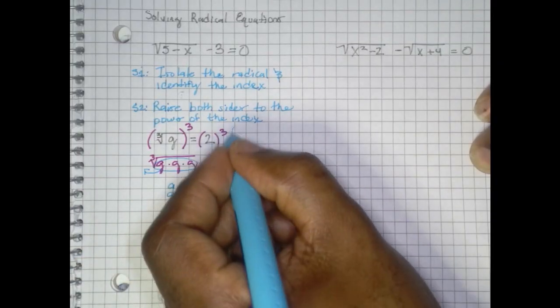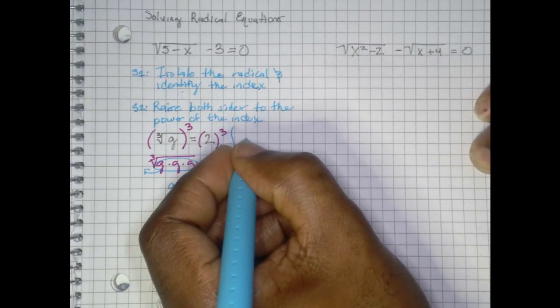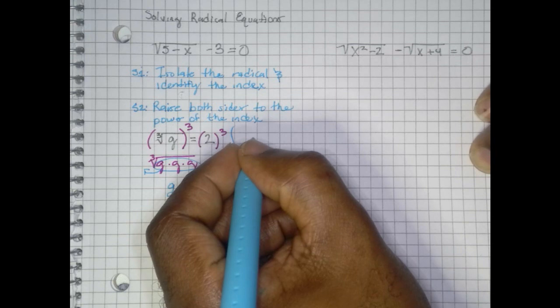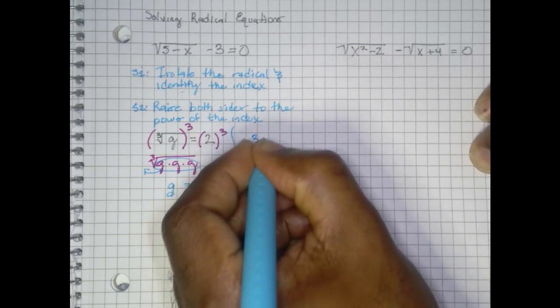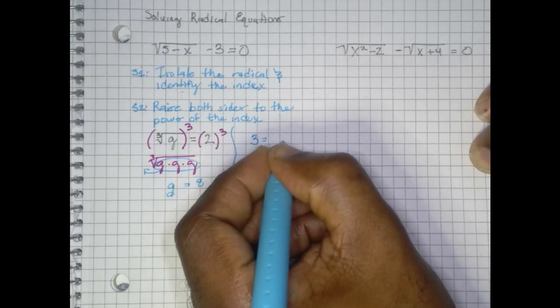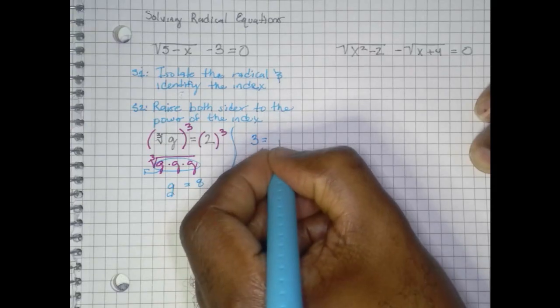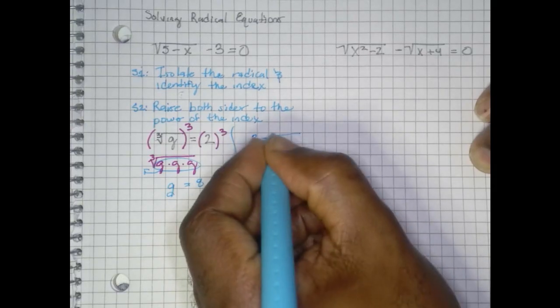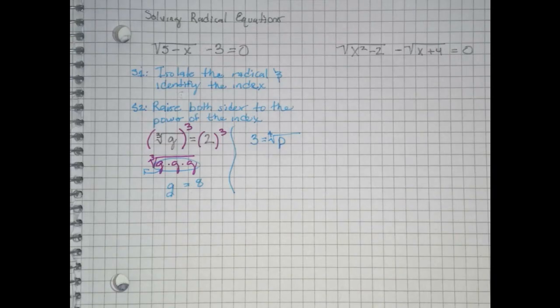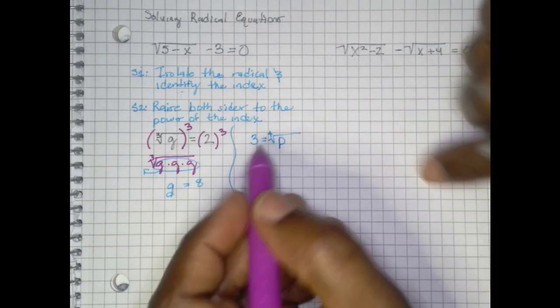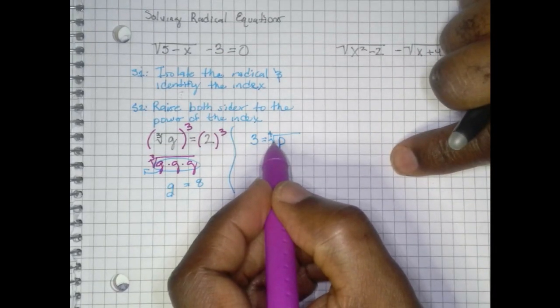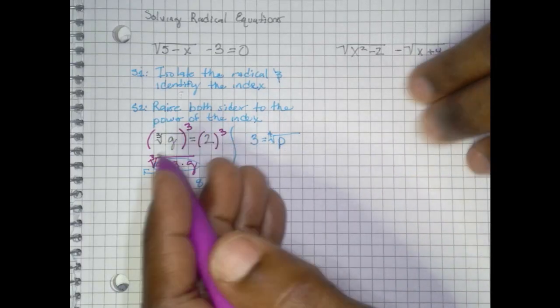Let's do it again. Let's say it was the 4th root of 3 equals p. Now we need to cancel out this radical. The only way you cancel out a radical is raise it to the power of the index, and whatever you do to one side, you do to the other side.